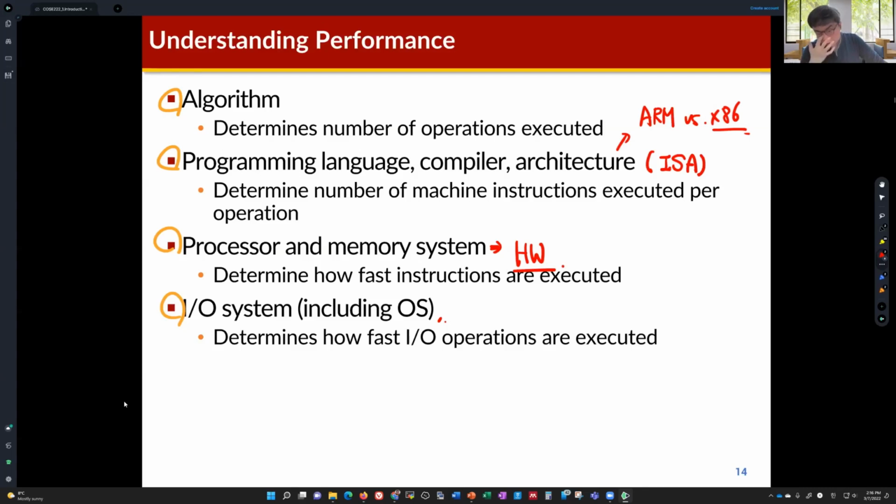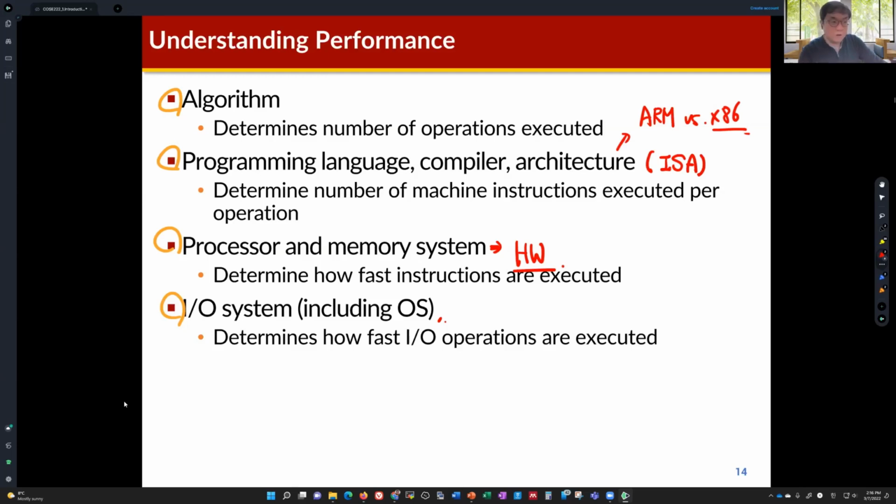Okay, so how about the network? If the network speed is very slow, and recently most of our mobile phones are connected to cloud systems, then we can say that, oh, our smartphone is very slow. Actually, it's the same hardware, but the network speed is different.